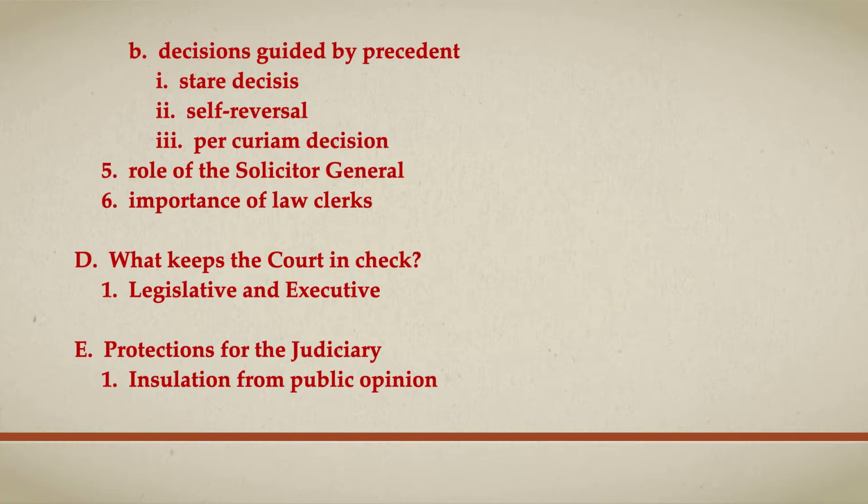All right. One figure that comes before the Supreme Court very frequently is a government official known as the Solicitor General. Anytime that the United States, actually let's take it back, this will be a good way to describe it. The Solicitor General is America's top attorney. They're the top lawyer for the United States.